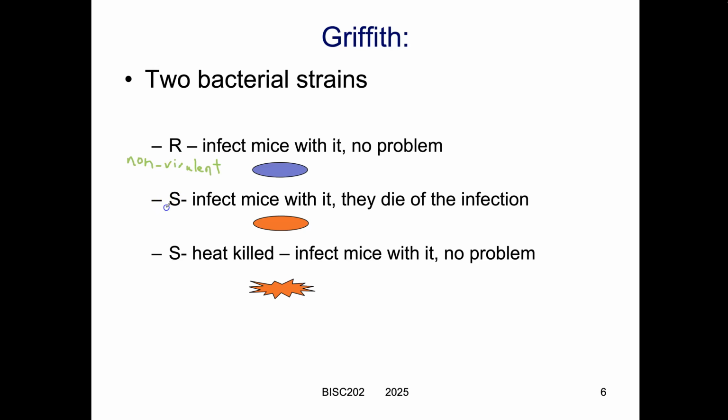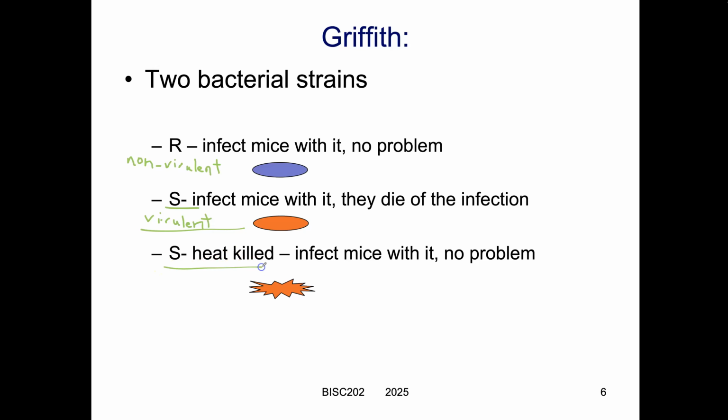But there was a variant strain that had just a little bit of difference. And if you infected the mice with this S strain, they would get sick and most of them would die. So that's what virulence refers to when we're talking about a bacterium, the ability to cause illness in the people, the animals, the organisms that are infected with it.